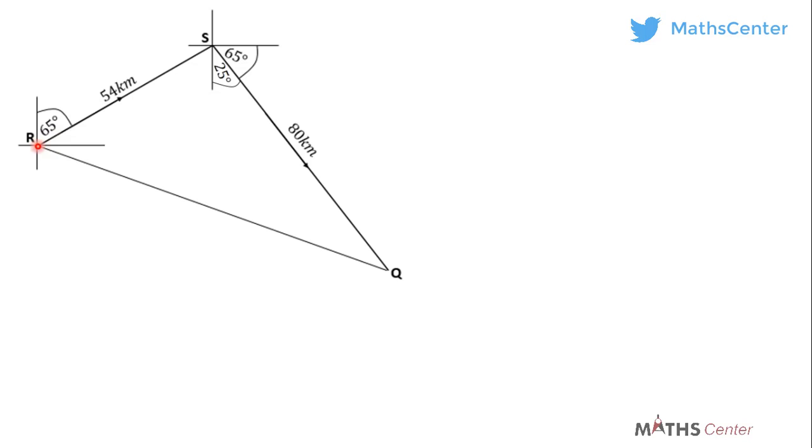Because the line RS is a transversal crossing the two parallel lines, we can say that the angle created here, which is 65 degrees, and the angle that will be created here will be alternating angles. We know that alternating angles are equal. So if here is 65 degrees, then this angle is also 65 degrees.